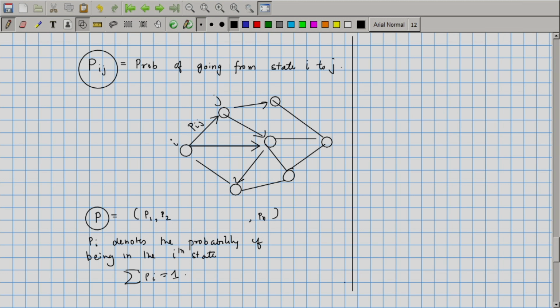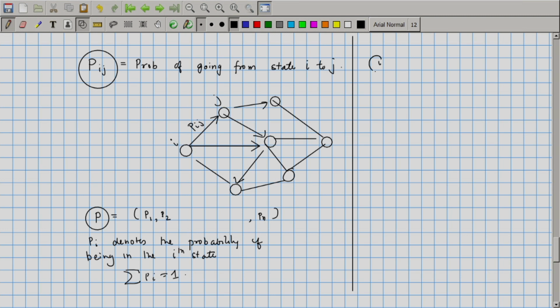Now, suppose instead of moving one step at a time, we want to compute the two step probabilities. If you are at vertex i, what is the probability that you will reach vertex j in 2 steps?